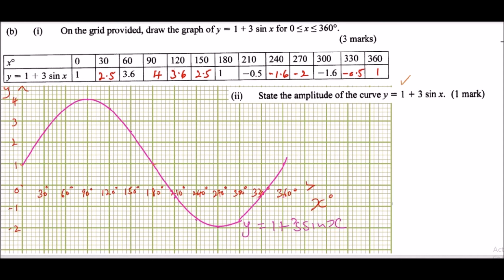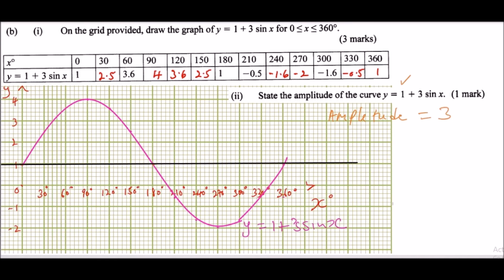So if we draw a line at 1, you can see that the amplitude of the curve is 1, 2, 3. If you count here, 1, 2, 3. So amplitude is equals to 3. So that's how we determine the amplitude of the graph.